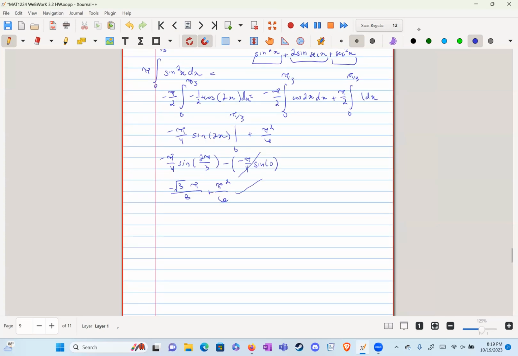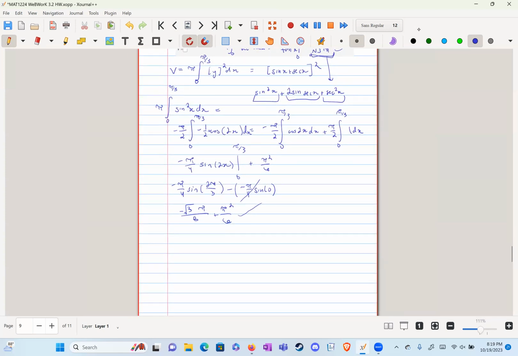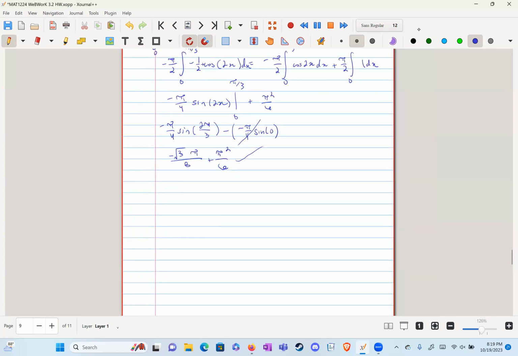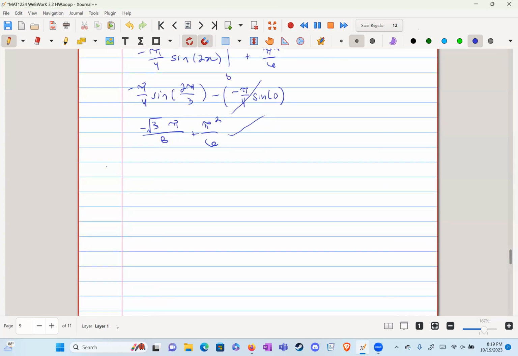We need now the 2 sine x secant x. So we take the integral of that, pi times the integral from 0 to pi over 3. That's just going to be 2 sine of x secant x. I believe it's squared. Let me check the problem. No, none of it's squared.